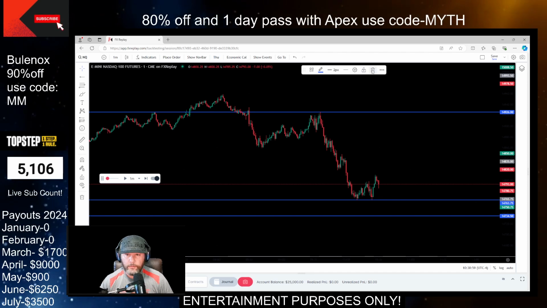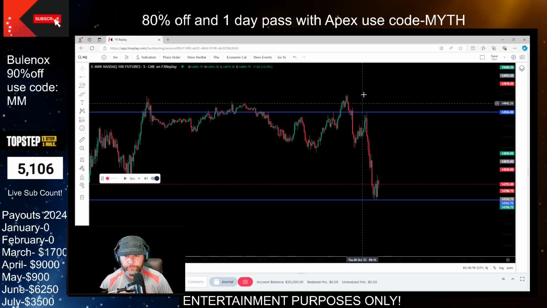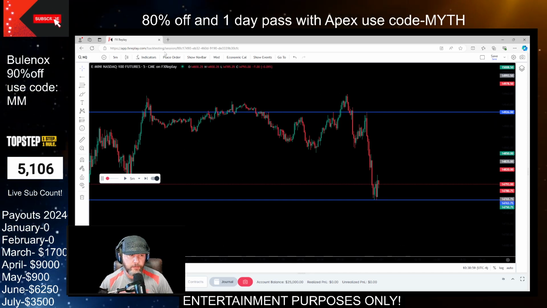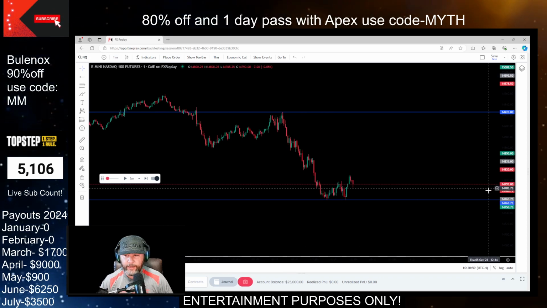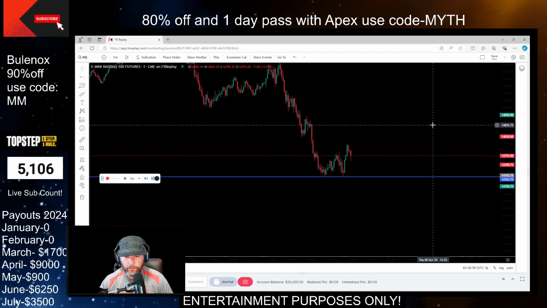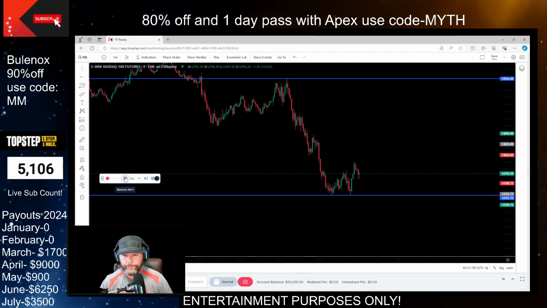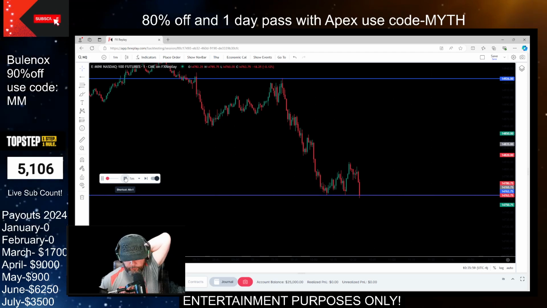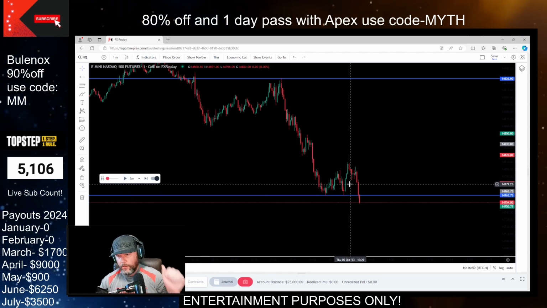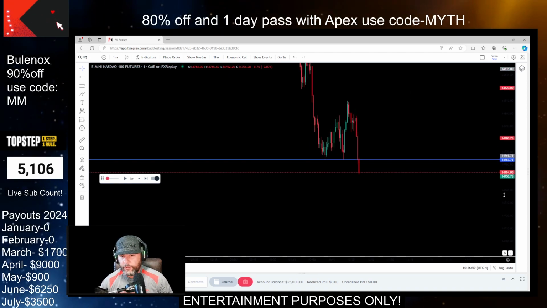All right. So just a quick peek at the 5 minute just to make sure, yeah, there are wicks there. And again, I kind of like the downside here, just based on what I'm seeing, double bottom, that sort of thing. That's roughly 10 points below there.